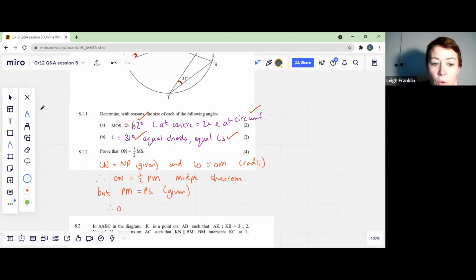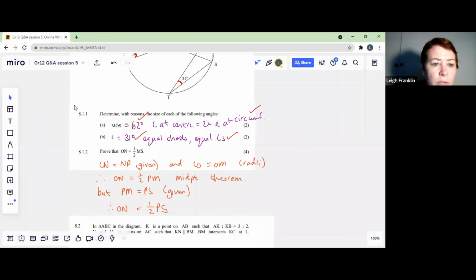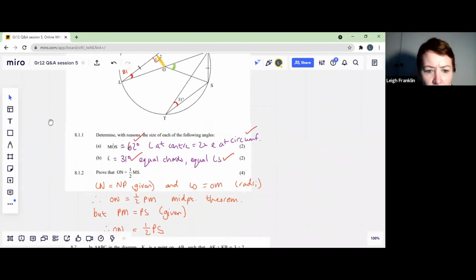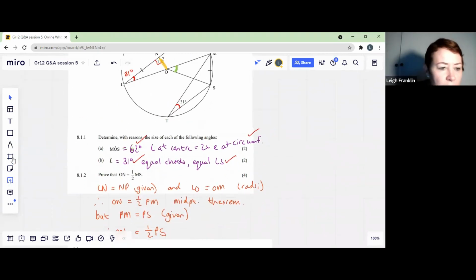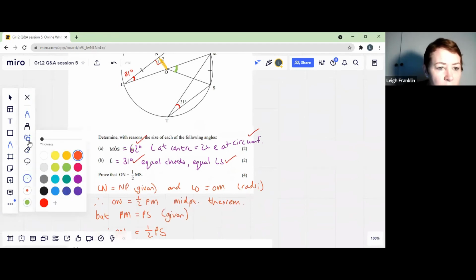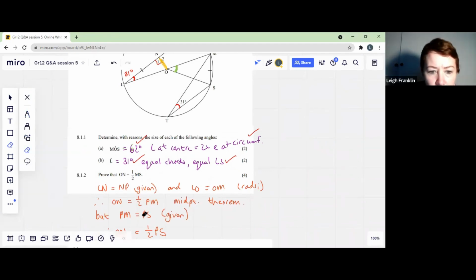So therefore, ON is equal to half MS. Hang on a second, what did I say? PM equals, oh, MS, not PS, sorry. I just made a typo there. Let me just fix my typo.